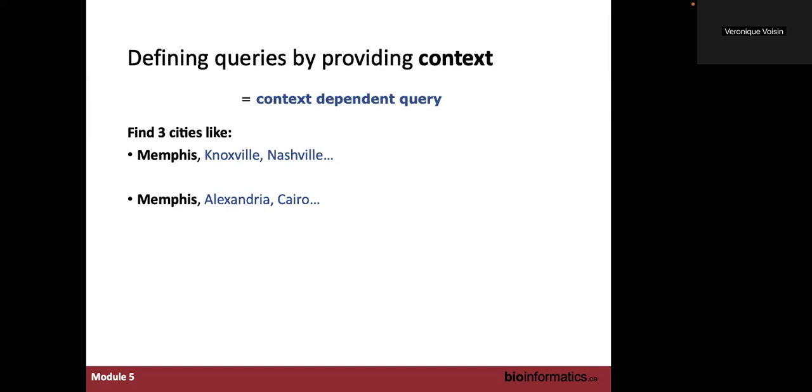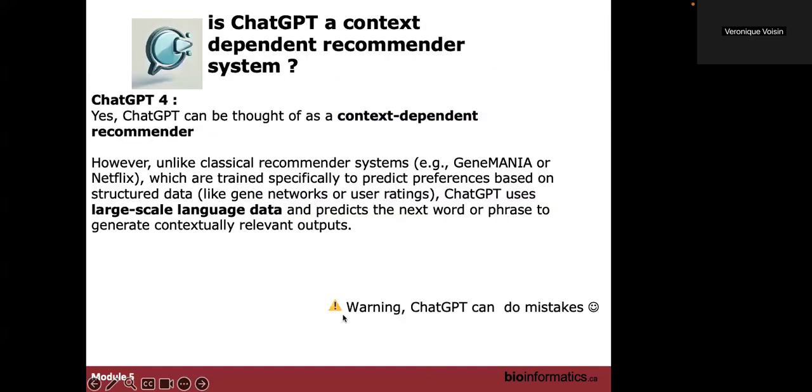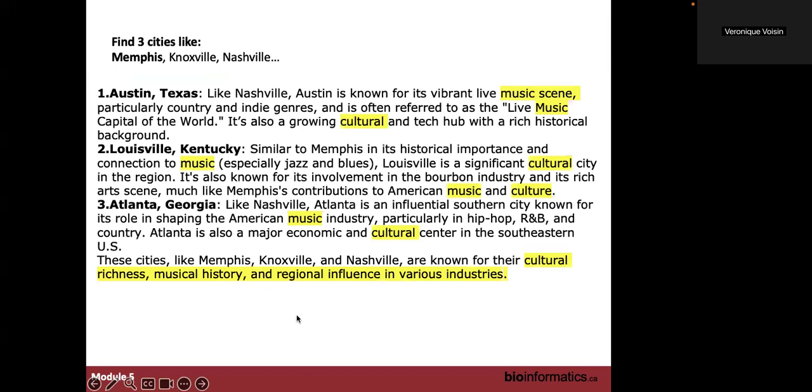In the first context, we will add 2 other cities to Memphis, which are Knoxville and Nashville in Tennessee as well. For the other one, the query represents a different context, and we will add Alexandria and Cairo to the query. We will use ChatGPT, which is also a context-dependent recommender, but that uses large-scale language data to predict the next word. So let's see what comes back.